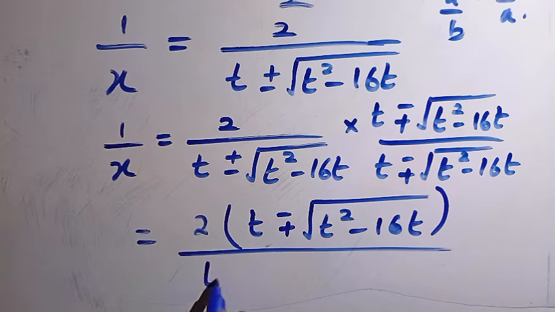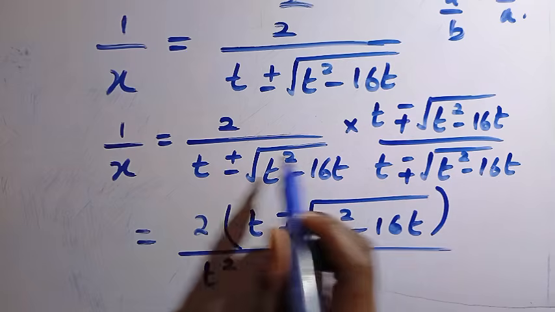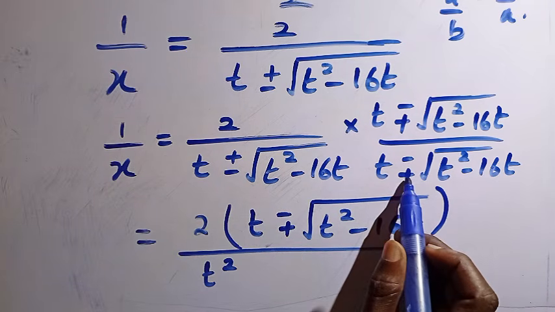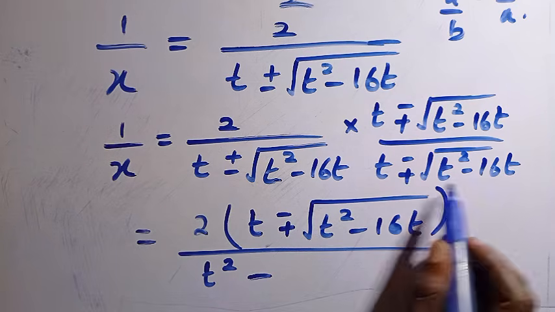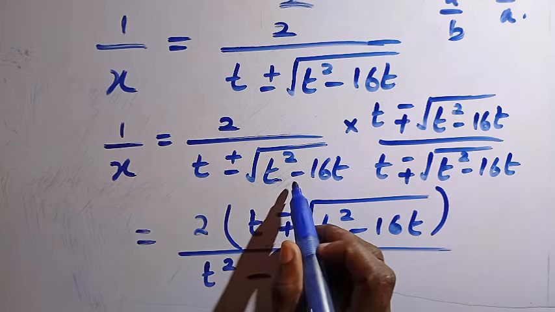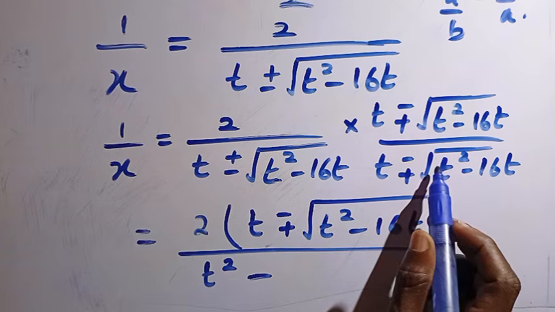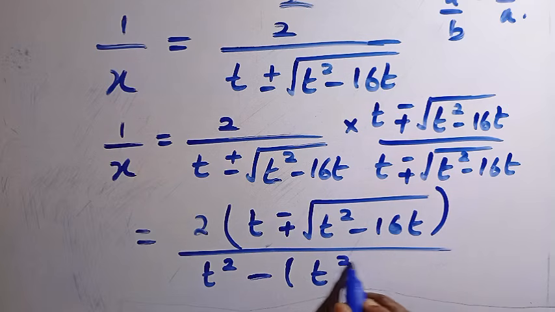When it multiplies, we have t squared, and here is t plus multiplied by plus, that is minus, and minus multiplied by plus gives us minus. Then we have the root and the root here, both with the same content inside. Since they have the same root, we cancel the root and take one of these. So here gives us t squared minus 16t.